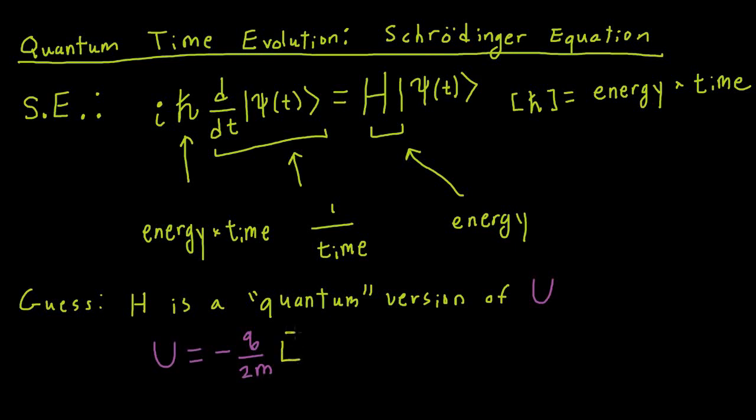So our classical equation was that U equals negative Q over 2m times the angular momentum L dot the external magnetic field B. So we want to somehow take this classical equation and make it work quantum mechanically, right? This isn't rigorous.